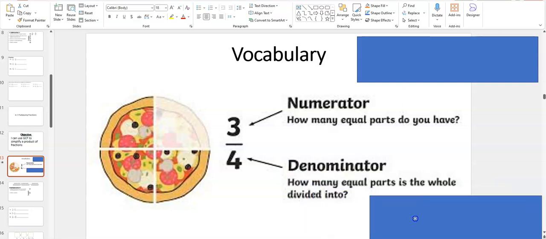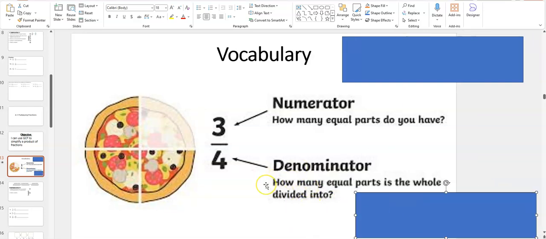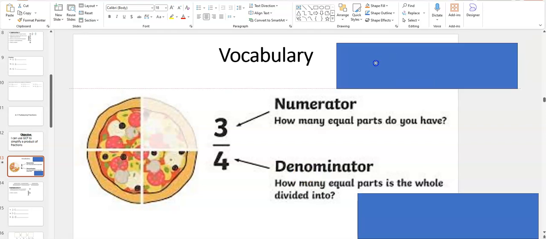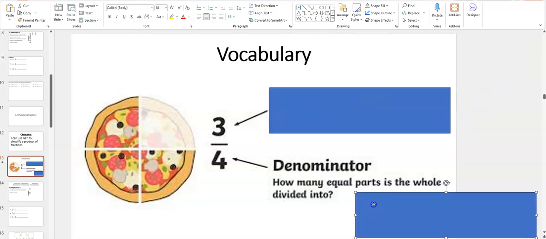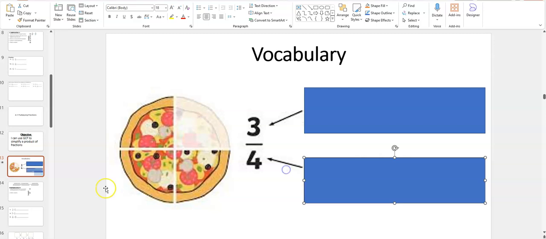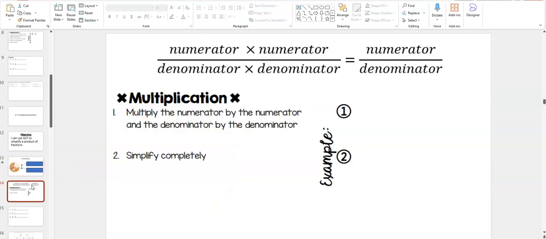And that bottom number is our denominator, and it is telling me how many parts the entire whole is divided into. We need to know the difference between numerator and denominator, because we multiply our numerators together and our denominators together. So make sure you have those vocabulary words down.